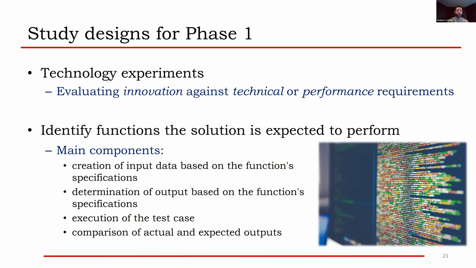But the idea here is, how do you take your technological innovation and evaluate it against technical or performance requirements? And the biggest question here is, what are technical and performance requirements? One of the limitations I think technology developers face is that technical requirements tend to be very literal in definition, whether it be uptime or downtime or crashes or things like that.